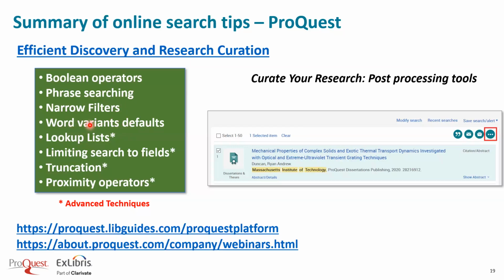We know that the ProQuest platform recognizes all that automatically. Then the lookup list. Sometimes the lookup list is very interesting because we do not know the full name of a university. You just put in part of it, and the lookup list will find it for you. Also limiting the search fields, and truncation to expand your key terms and vocabularies. The proximity operators: sometimes we want two terms to be in close proximity, so we can use the proximity operator.